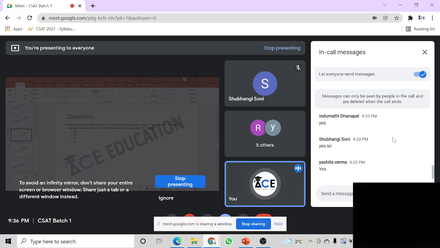Guys, are you able to move forward in any direction? Yeah, 108 is the correct answer. Can you just tell us the approach that you adopted?